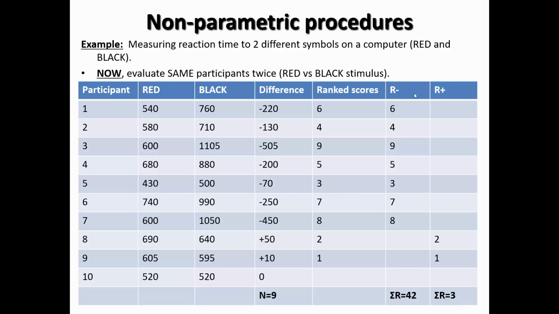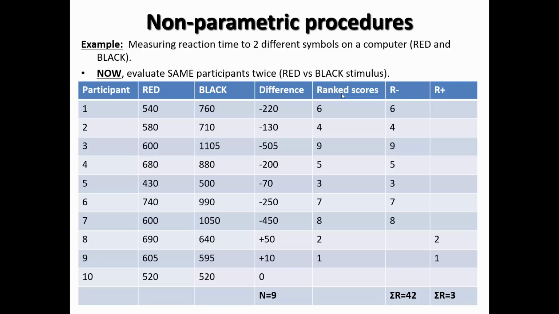Now at this point, you see the last two columns here, ranking negative, ranking positive. So we just transfer the numbers in the ranked scores over to the appropriate column based upon whether it was negative or positive.